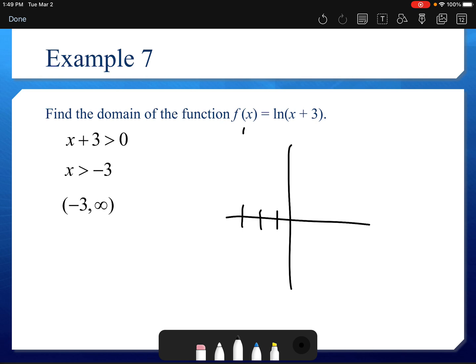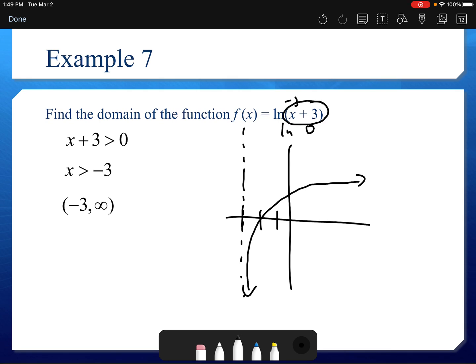It actually has a vertical asymptote, and it does something like this, right? Well, that means, see, we can't take the log of a negative number. So if I put negative 3 in, it's 0. Well, I can't take the log or natural log of 0 either. It doesn't exist. So with the logarithm, you have to have a positive number here.